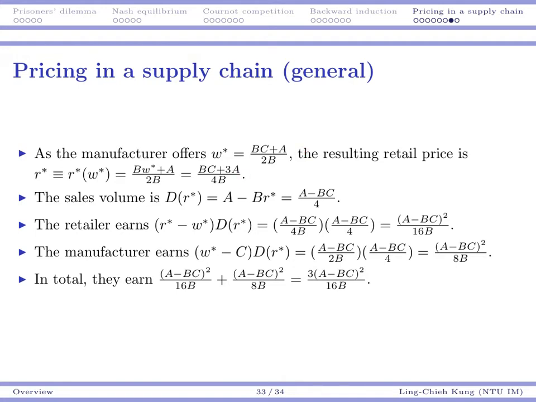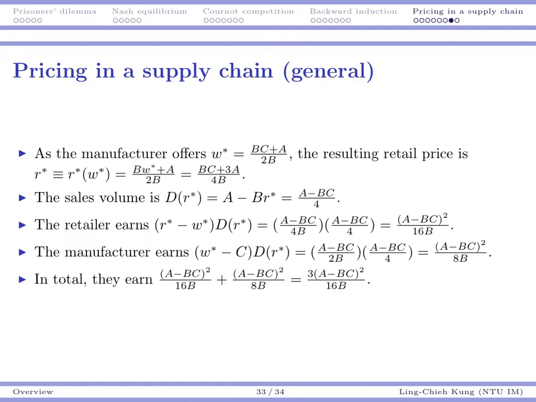The sales volume will become (A minus BC) over 4. Here, when A goes up, the sales volume will go up because the consumers like this product more. But if the cost goes up or the price sensitivity goes up, then fewer consumers will buy this product.